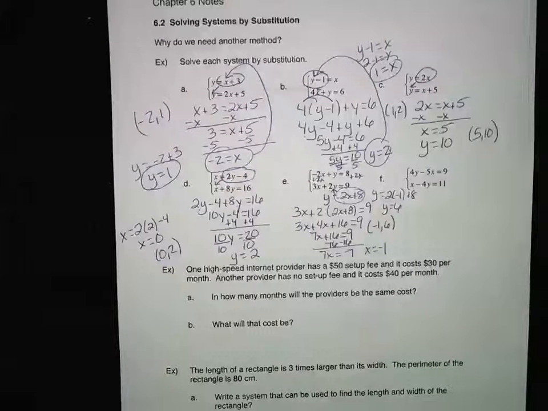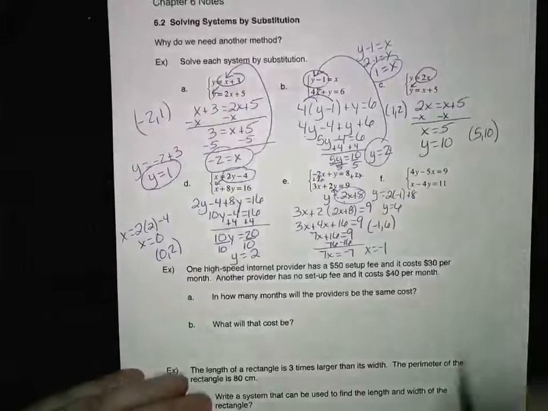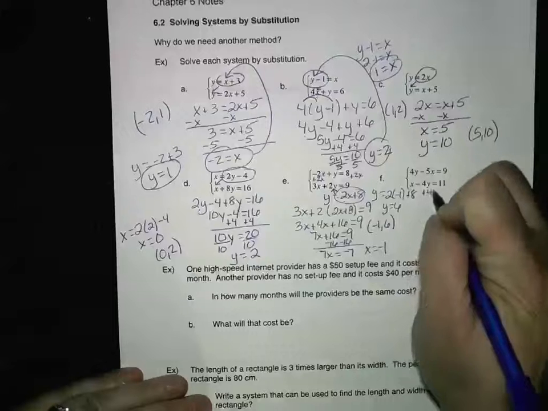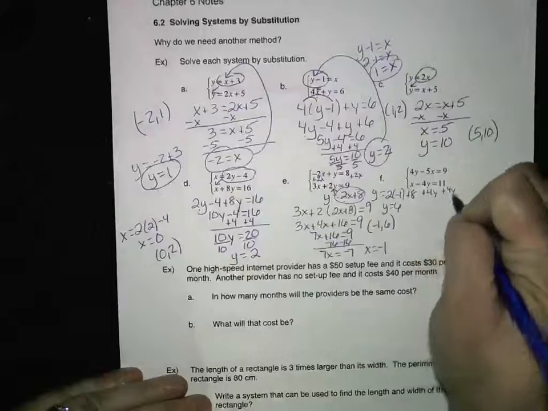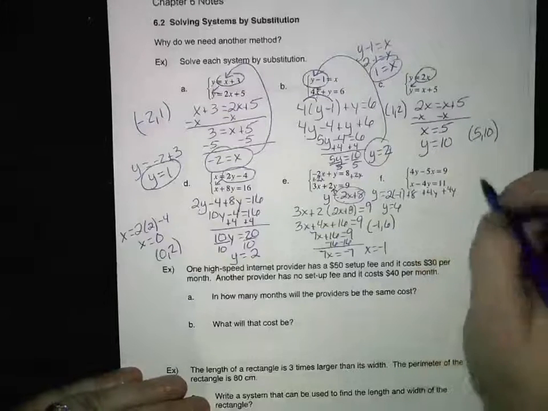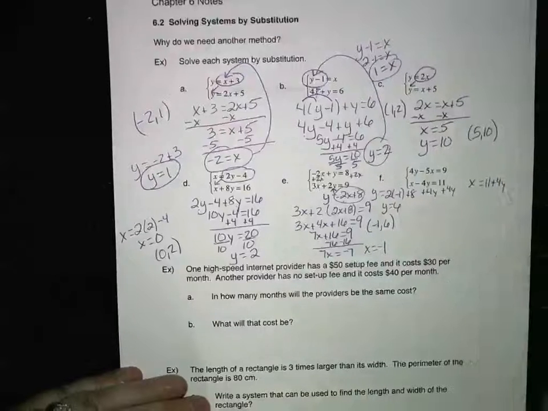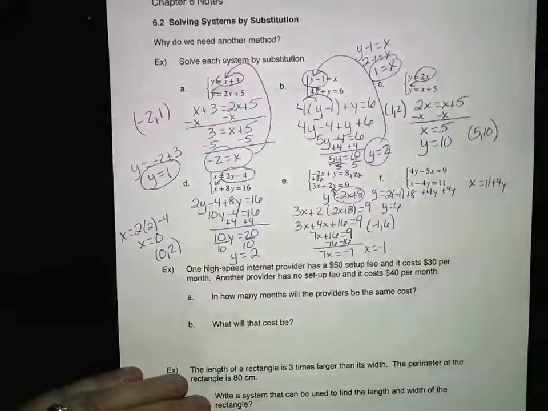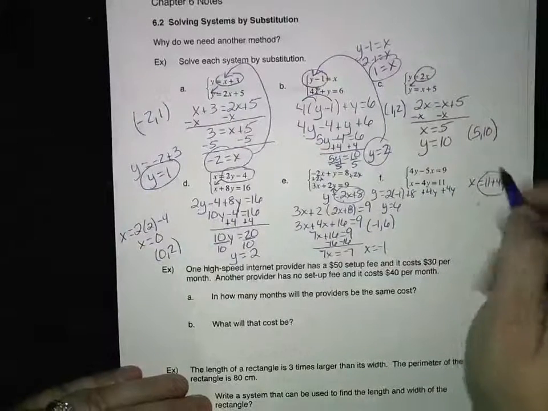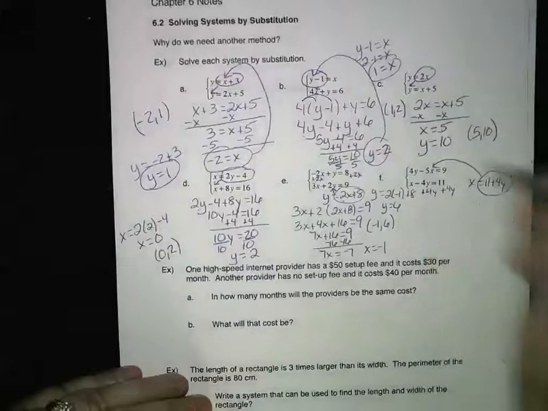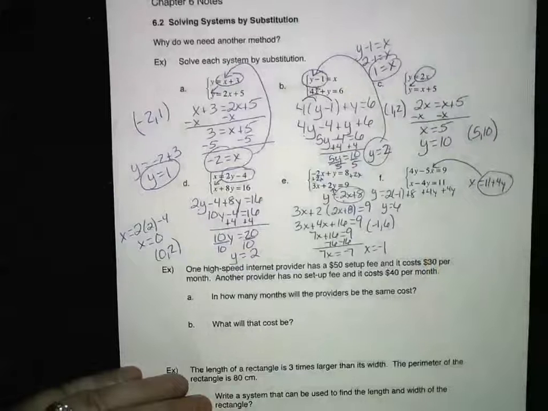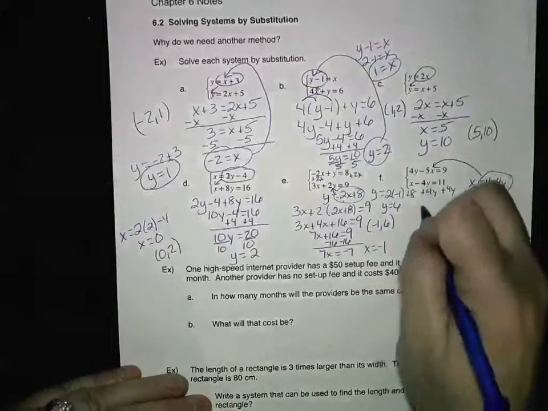Letter F, same thing. We don't have a nice x equals or y equals. So I'm going to add 4y to both sides. And that becomes x equals 11 plus 4y. And we're going to take that and substitute it, put it in place of the x.